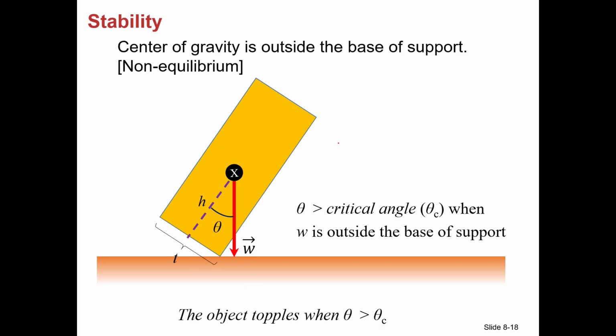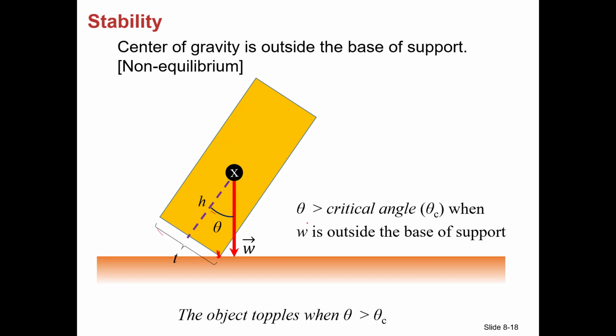So here you see the angle now is greater than the critical angle. Up to here it's the critical angle, but now this angle is greater than that critical angle. Also we see that the base of the weight, this red arrow, is outside this base of support.